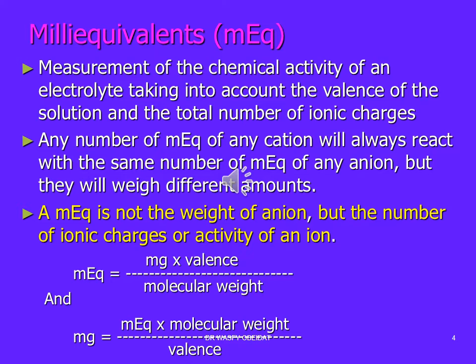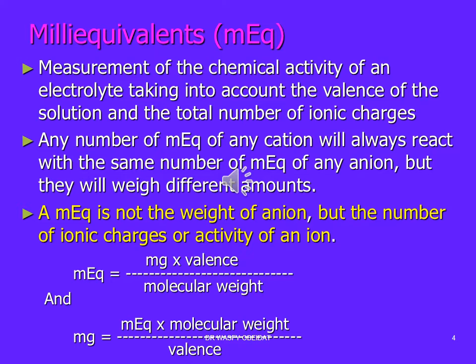We can convert milligrams to milliequivalents and vice versa. For example, to convert milligrams to milliequivalents, we can use the first formula shown in this slide, where milligrams can be multiplied by the valency of the ion, and the product will be divided by the molecular weight to get the value in milliequivalents.